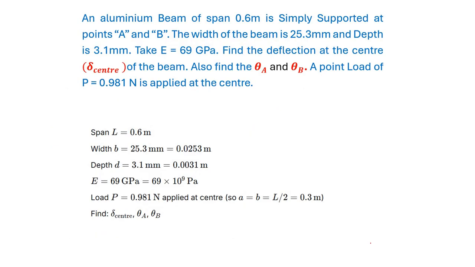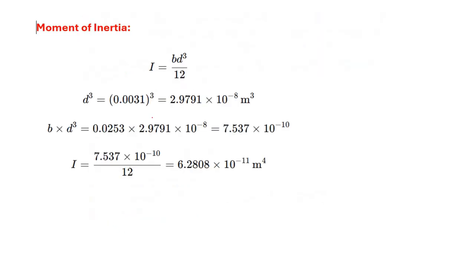We have already derived the formula. So as per the formula, you apply the value of length, you apply the value of B, you convert it to meters, and you have E equal to 69 times 10 power 9 pascals, P equal to 0.981 Newton. Find out delta center, theta A and theta B.